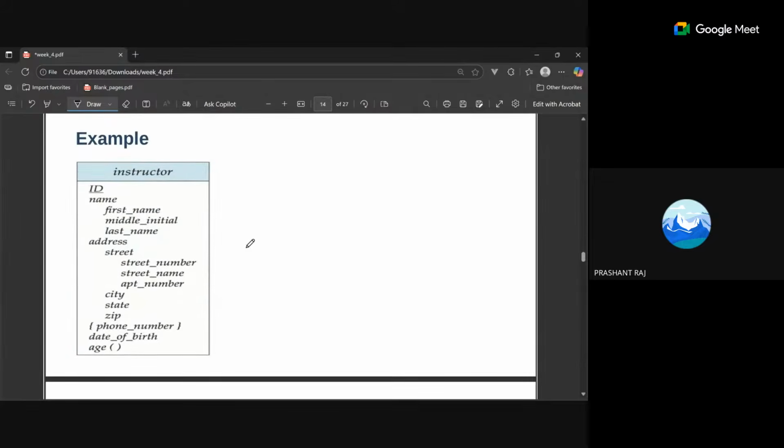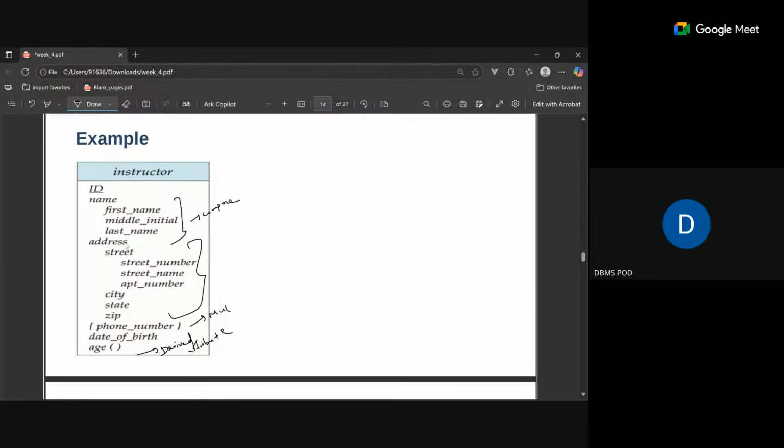If you look here, the same thing: this is called a composite attribute. This is a multi-valued attribute. This is a derived attribute. And this is again a composite attribute.